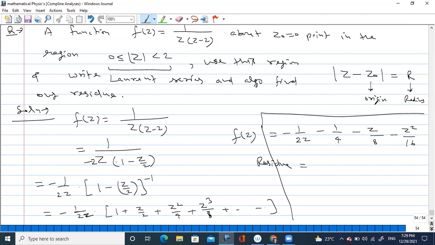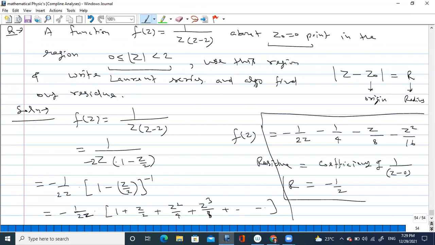Yes, because here 1 by z, because they are asking about the point z equal to 0. So about point z 0, 1 upon z minus z 0 will be 1 upon z only. So the coefficient of that is minus 1 by 2.